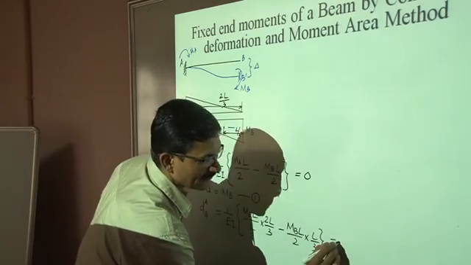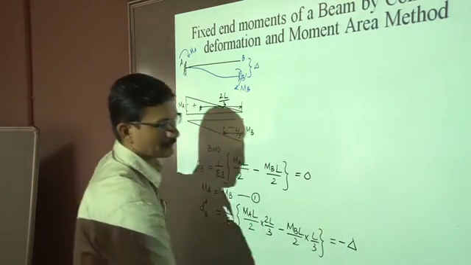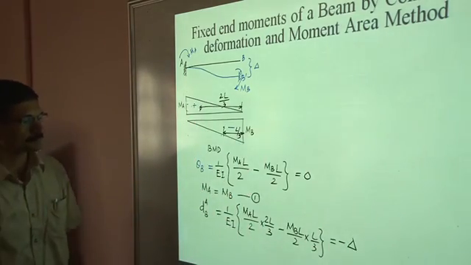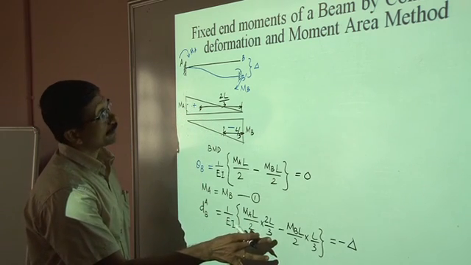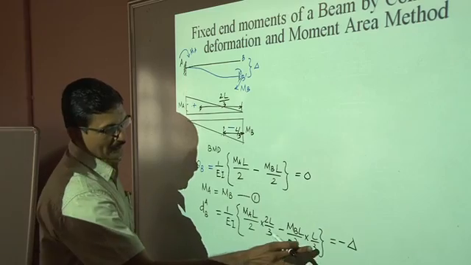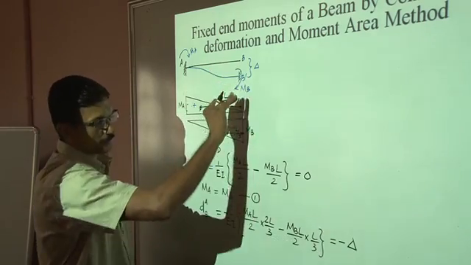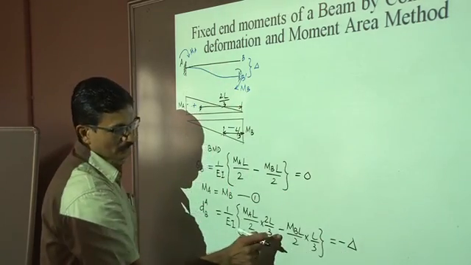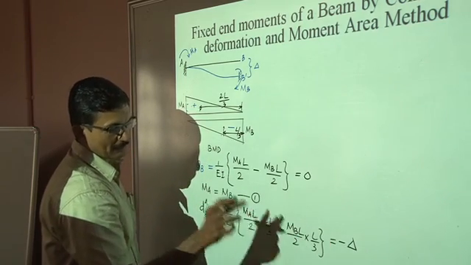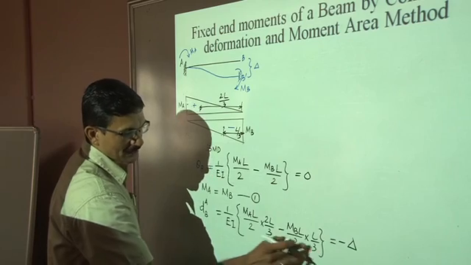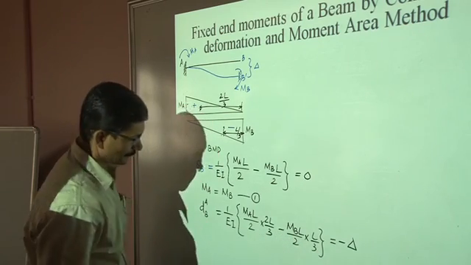We have to put a minus sign for that for sure, because you see the deflection produced by MB is downwards, that is why we put a minus sign. Here also we have a minus sign, compatible to the deflection produced by this moment in this equation.